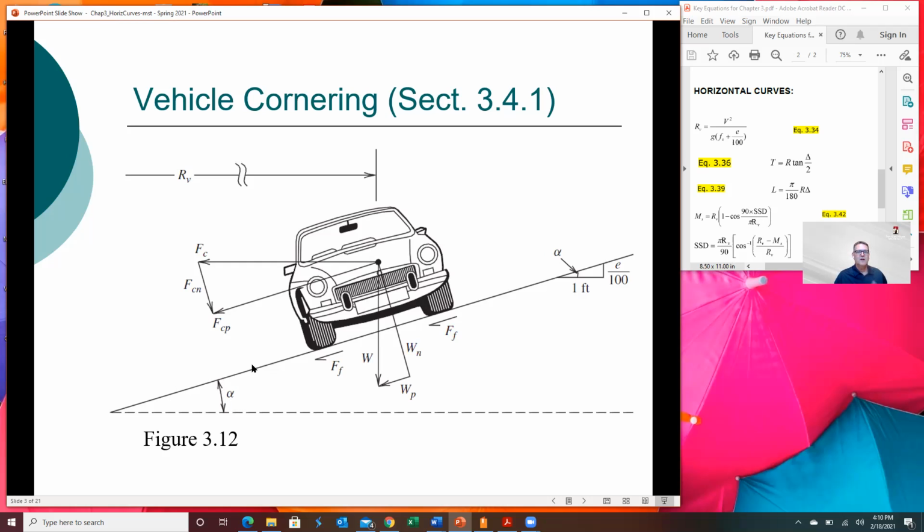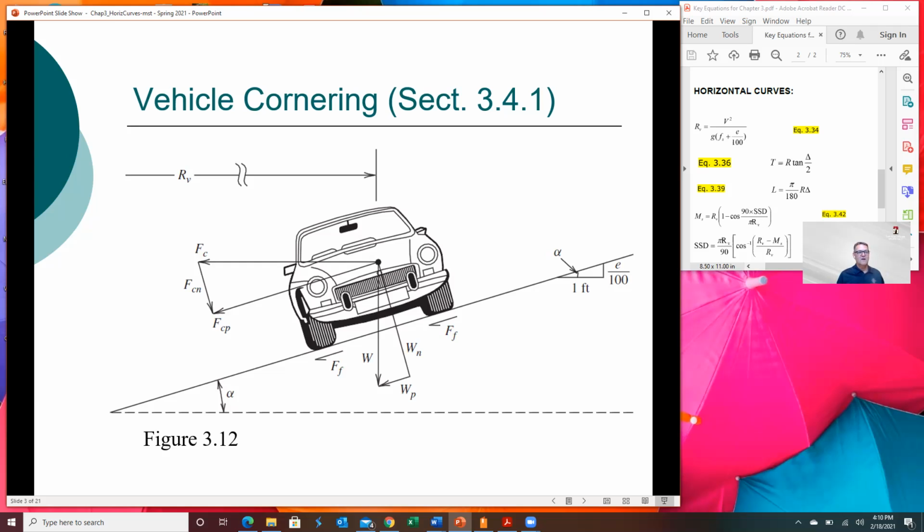This refers to the super elevation of the road, because very rarely is alpha equal to 0 in any curve, other than maybe a true intersection where you're making a 90-degree turn and negotiating that turn at slow speeds anyway.